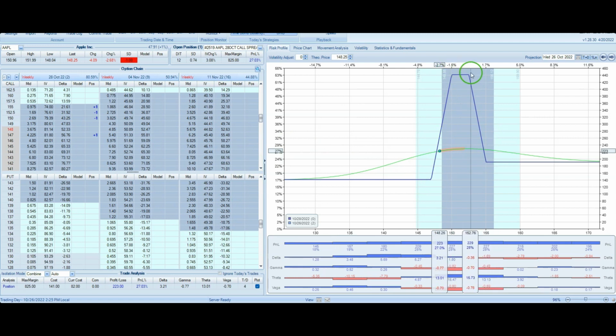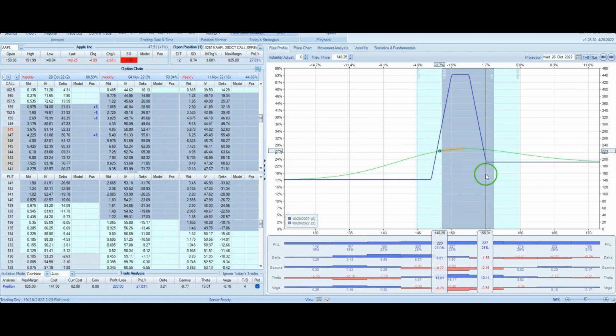2.5-point wide call credit spread. Now, if you look at my risk, or what was the worst case scenario in this trade, if Apple, after earnings were out, by Friday, 4 o'clock, is under 147, I stood to make about $141.